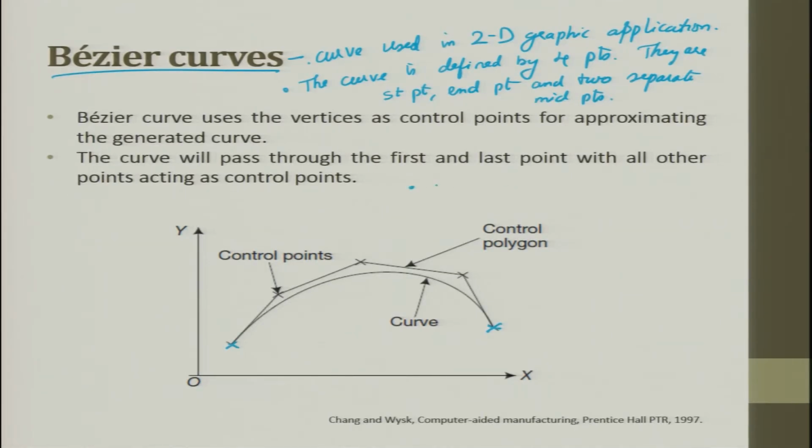Okay. The third thing is the shape of a Bezier curve can be changed by moving the control points.